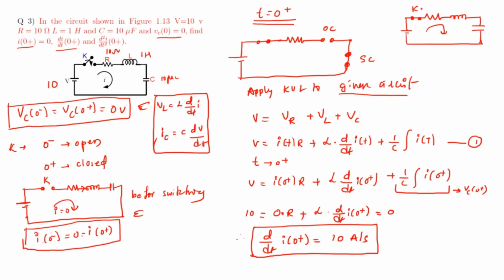Once the switch is closed, this is the equivalent circuit, and for this we have applied KVL. Your question is that the inductor is open, so I is 0, and that is applied here.